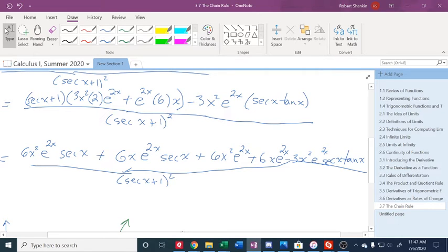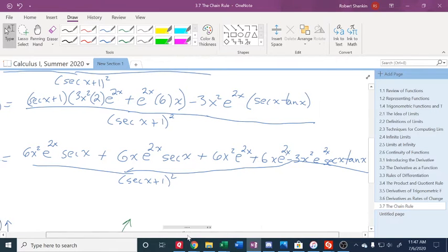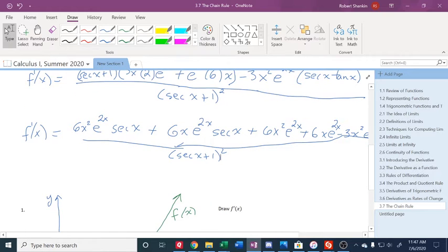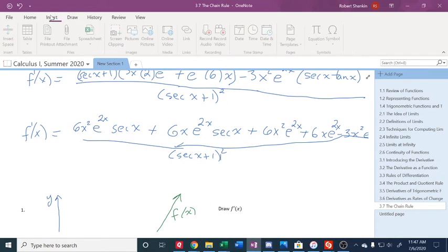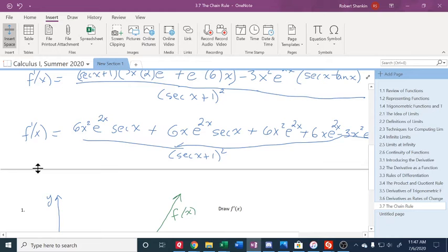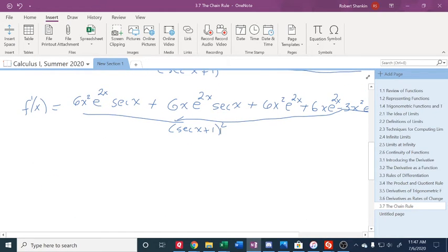Mr. Shankin, can you explain to me why the derivative of e to the 2x is 2e to the 2x? You bet. All right.